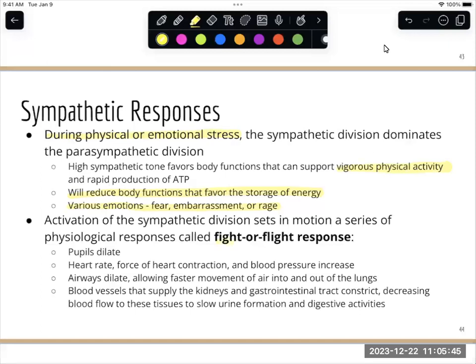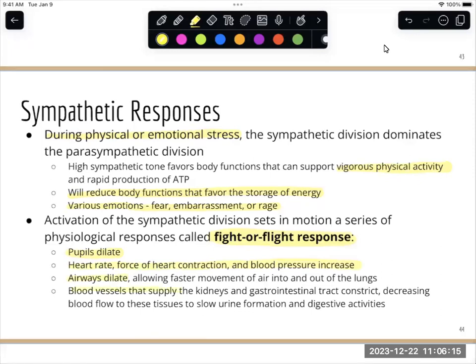So during this sympathetic fight or flight type of response, your pupils are going to dilate, get more light in so you can see better, see what's going on so you can run away from something. Technically, a sympathetic fight or flight response is preparing your body to run away from something. So your heart rate goes up, that force of that contraction goes up, your blood pressure goes up, your airways dilate. Larger the airways, the easier it is to get air in.